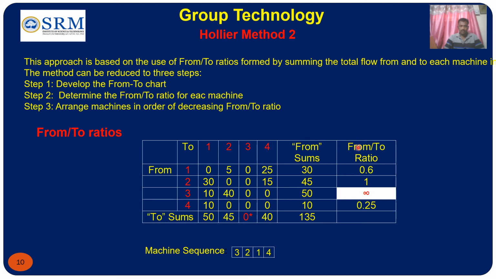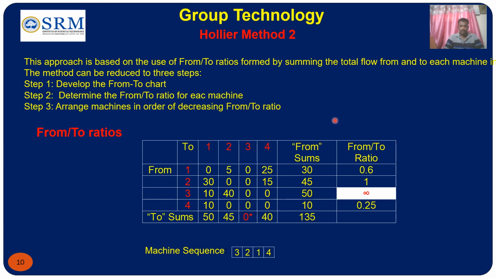Based on this, we can directly get a machine sequence from the values, starting with the highest values. Based on the values, we can assign the machine numbers 3, 2, 1, 4. Infinity is the highest value here, so we place machine 3 first. The 1 is the next highest, so we place machine 2 second in the sequence.